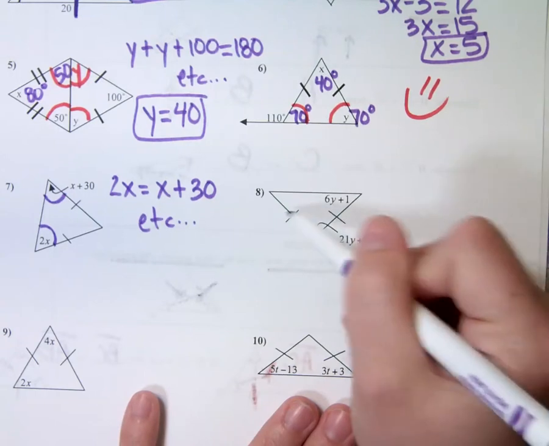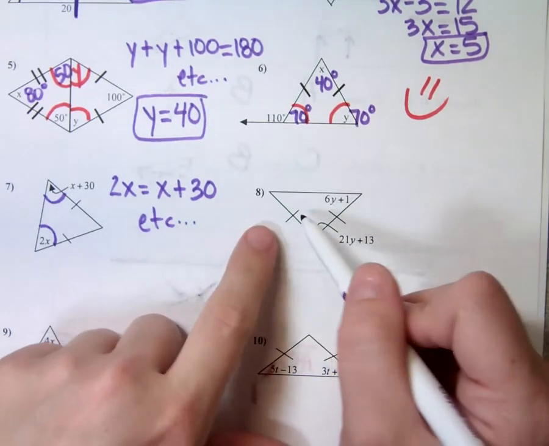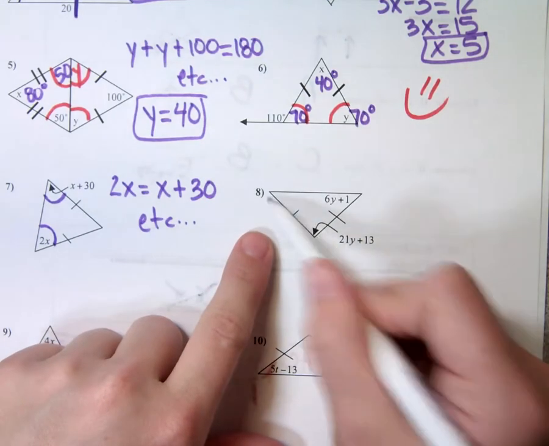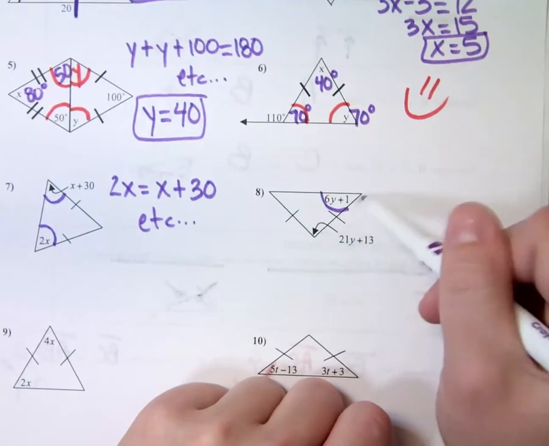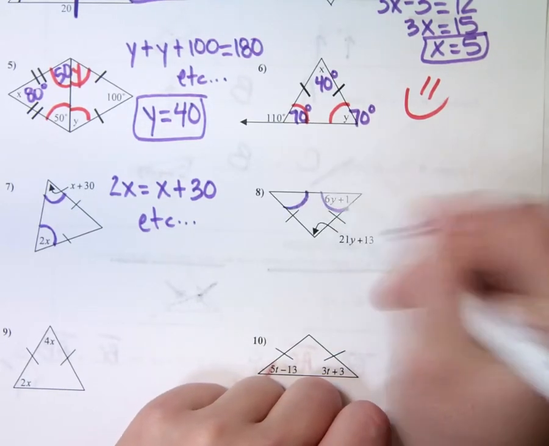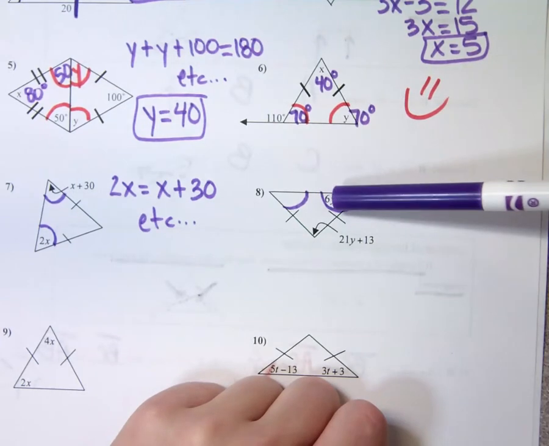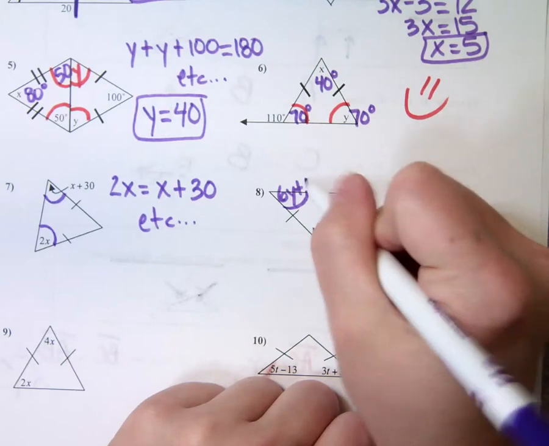I know these 2 sides are congruent, so the angles across from them are congruent. So which angle is across from this side? The 6y plus 1. And then I need to figure out the angle that's across from this side. Well, it's over here. So if this one's 6y plus 1, what's this one? 6y plus 1.